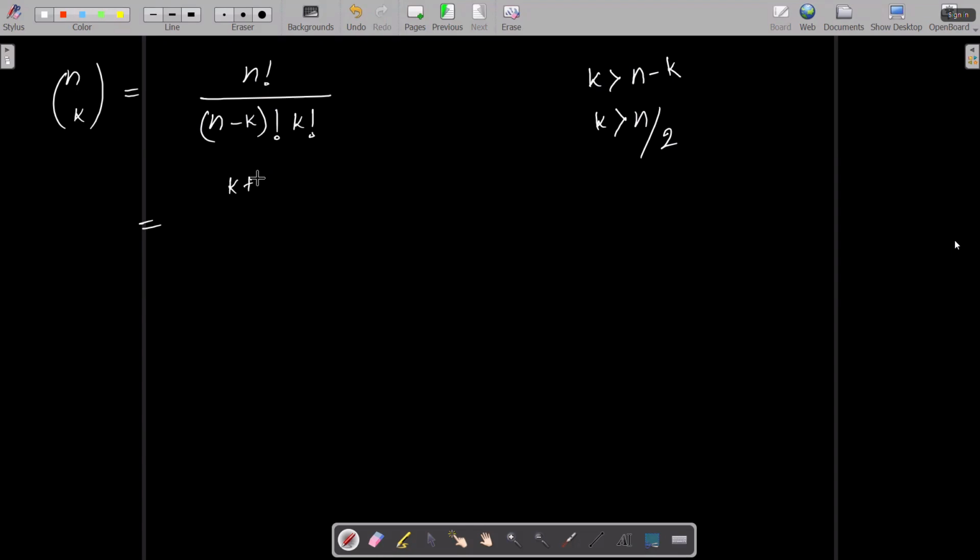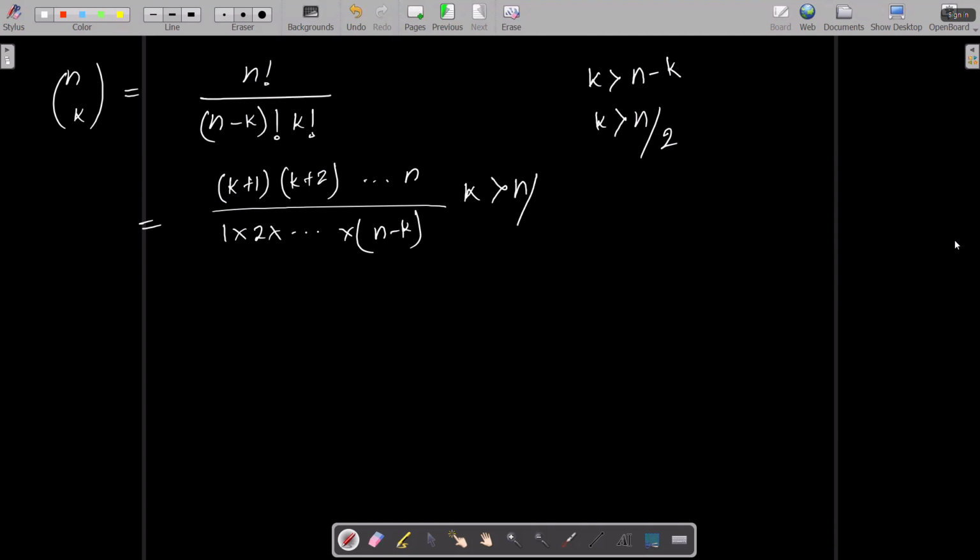Then we have k plus 1, k plus 2, all the way up to n in the upstairs. Downstairs, we have 1 times 2, all the way up to n minus k. This is true if k is greater than n by 2.